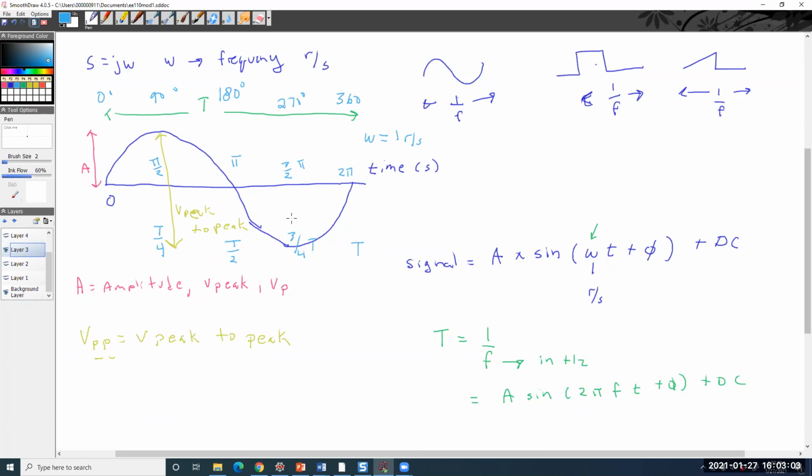And now I'm going to tell you something: many times they will give you this phase in degrees, even though the units won't match. Because 2 pi f is radians per second, then I multiply by t, the seconds drop out and I'm in radians. So this part here is in radians, but this part is in degrees.